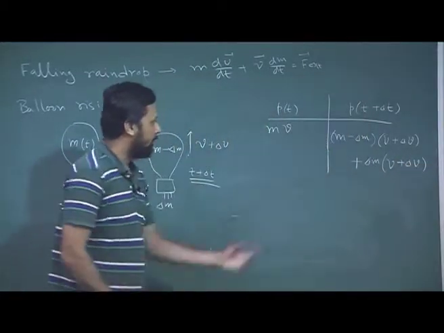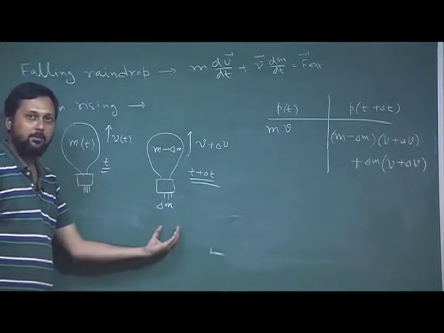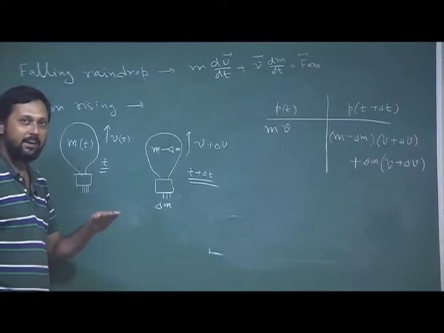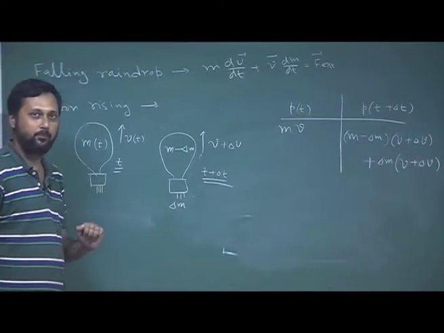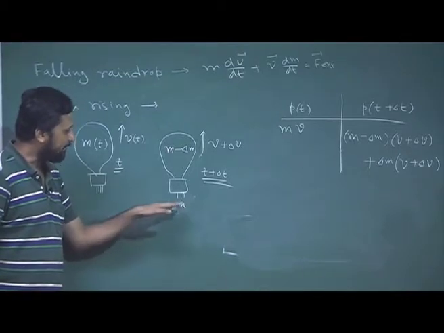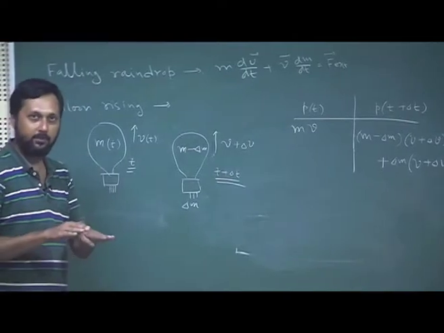Why the second term here? Because the sand which gets released from the balloon, at the point of release, also has the exact same velocity as that of the balloon. So, in this case, the mass is released at the same speed as the original body.